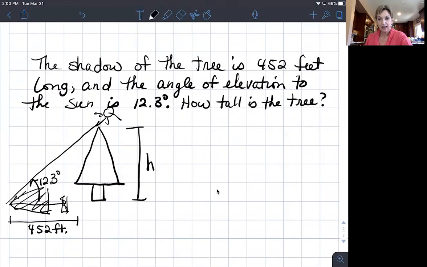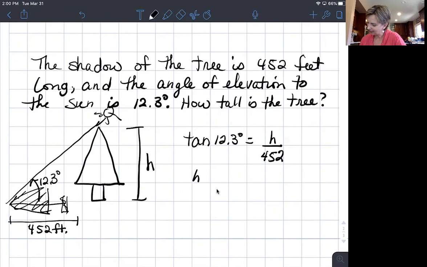Just like on the last one, we're working with opposite and adjacent. Opposite and adjacent are tangent. So it's going to be tangent of 12.3 degrees is opposite over adjacent, over 452.